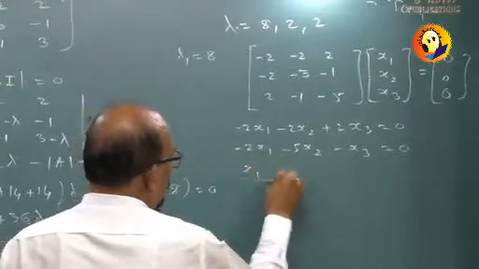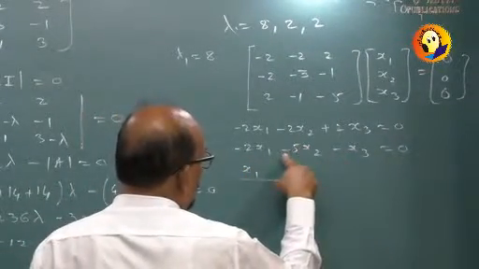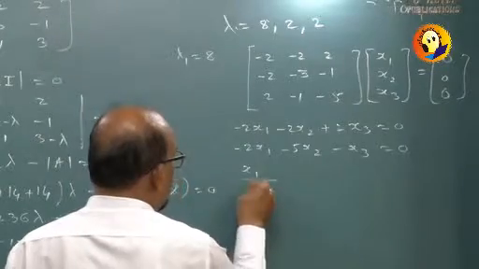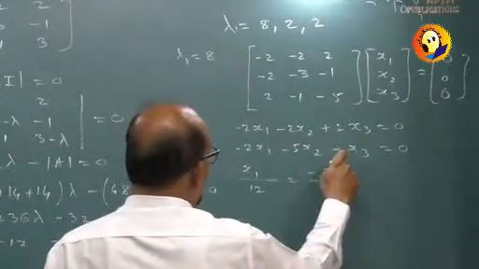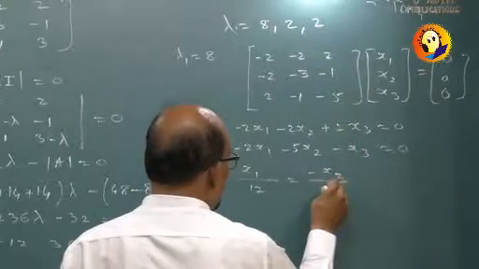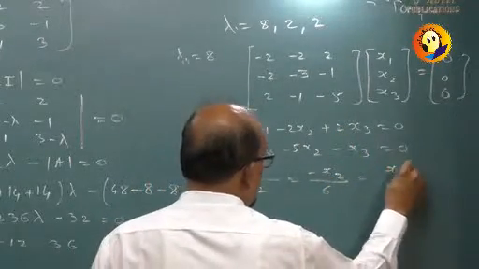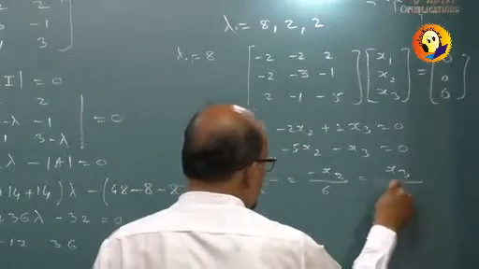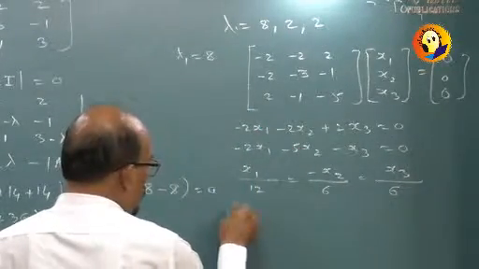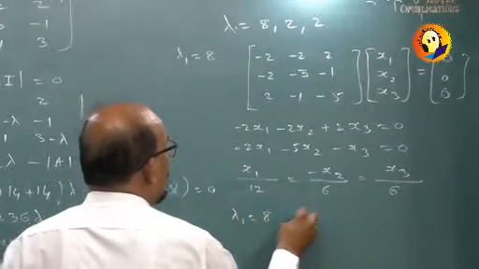So it is x1 upon 2 plus 10, 12, equal to minus x2 upon 2 plus 4, 6, equal to x3 upon 10 minus 4, 6. So lambda 1 equal to 8.